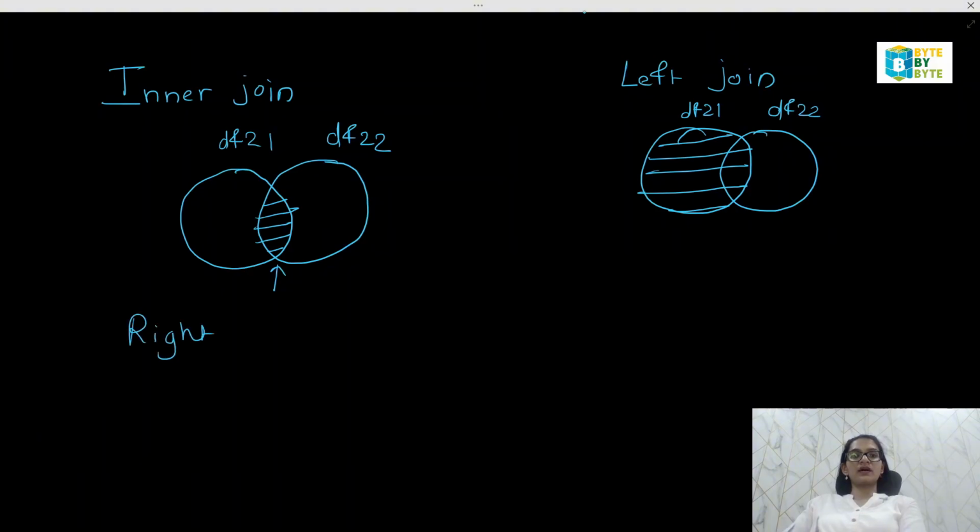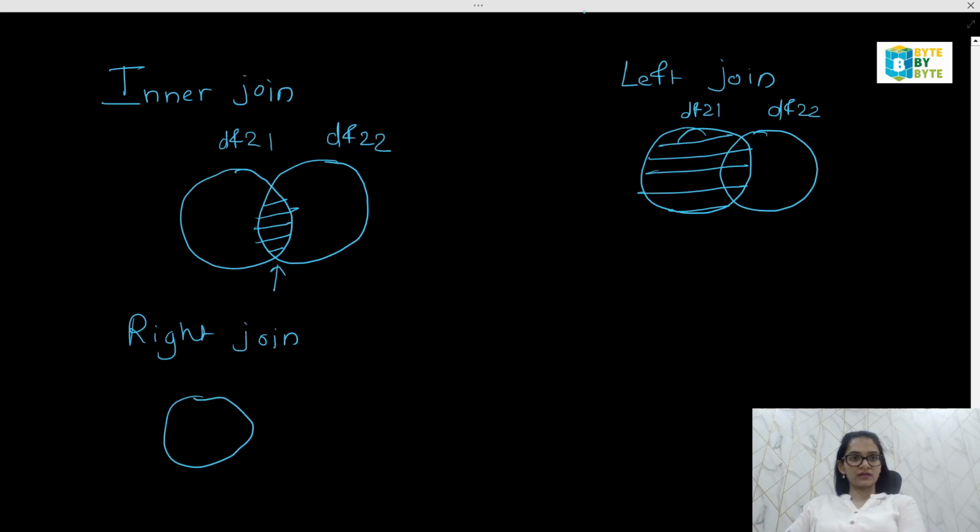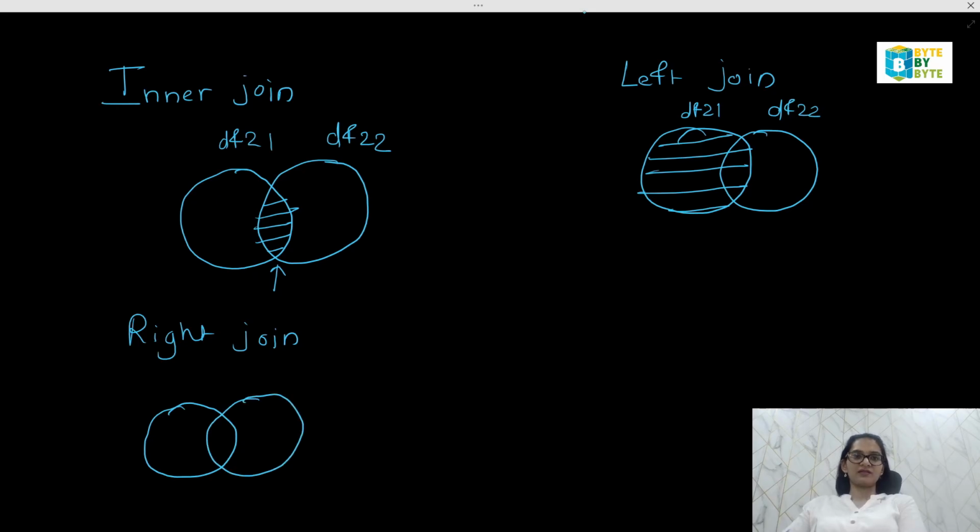Just as we have seen, the vice versa will be your right join. Instead of data from left, we will consider the data from right and common elements from right and left. Here I will say this. Please pardon my drawing, my drawing is not that good. I'm trying to draw a circle. Okay, so this is your df21, this is df22.